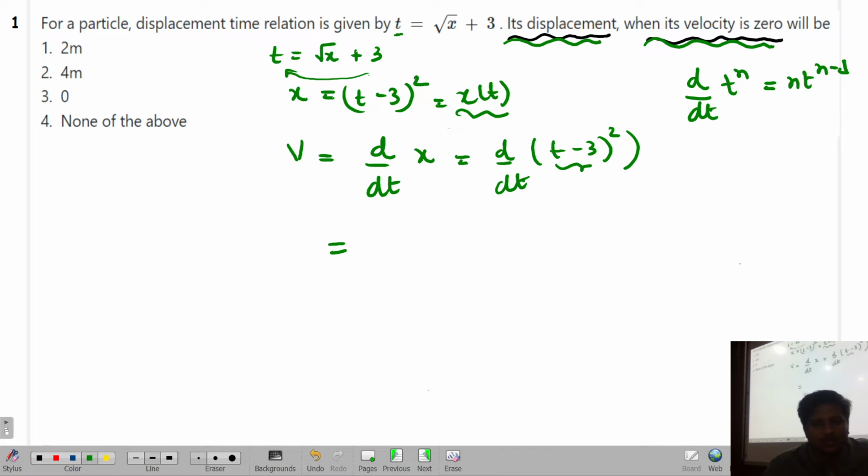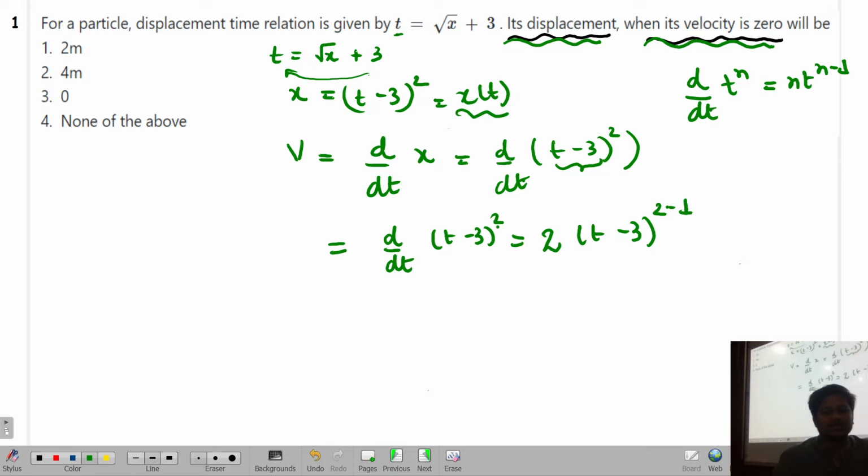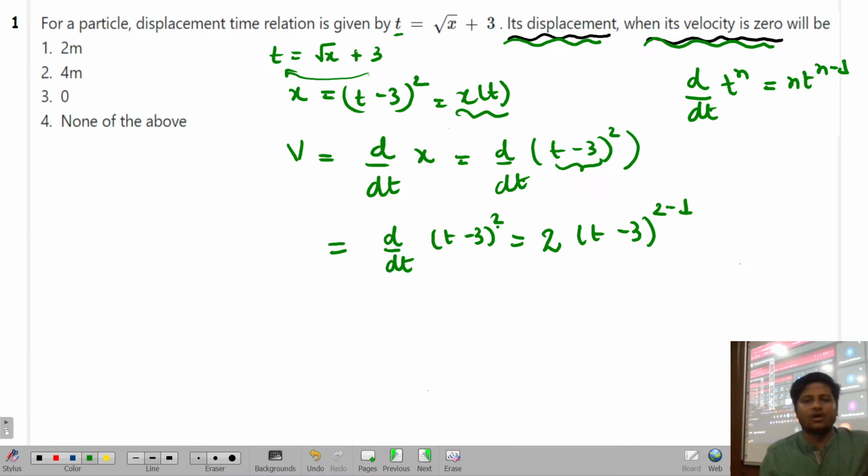I can consider this whole term as t. So d by dt of t minus 3 whole square, the n value is 2, so the answer will be 2 times t minus 3 to the power of 2 minus 1. Is this going to be the form or not?